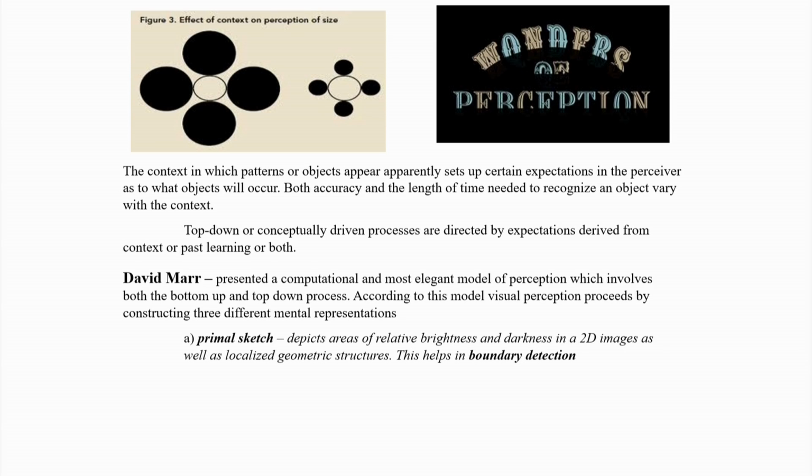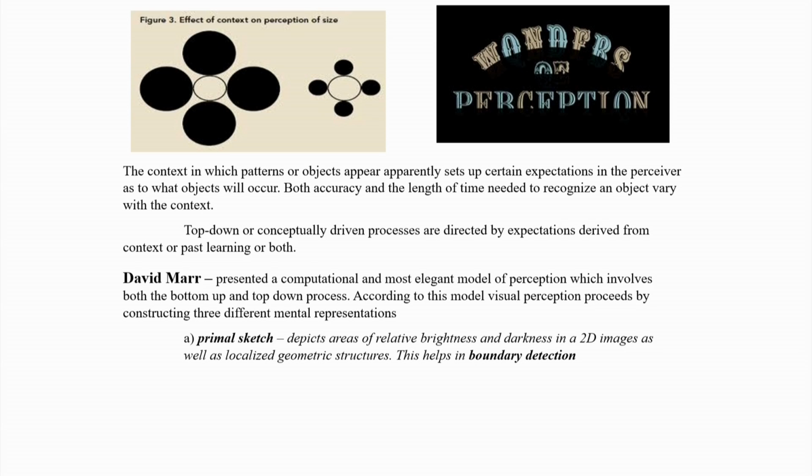When somebody perceives something, the first step is called the perceptual or the primal sketch. From the primal sketch one can get information related to relative brightness and darkness, 2D images, localized geometric structures and boundary conditions. So, this basic information related to the two-dimensional world is what is gathered from the primal sketch.